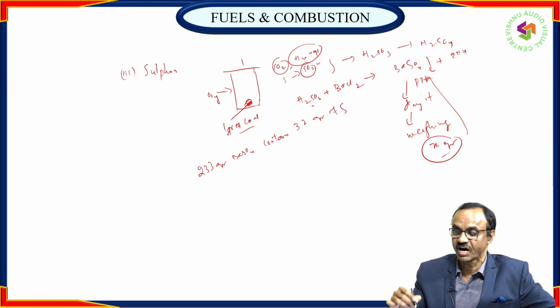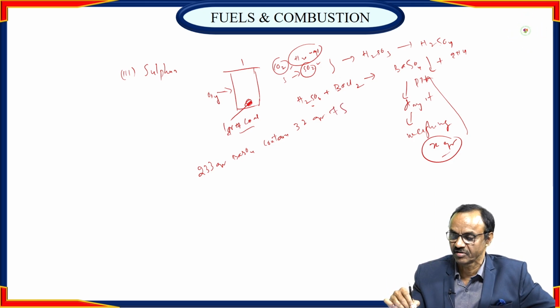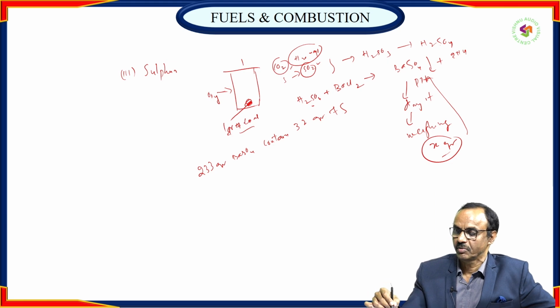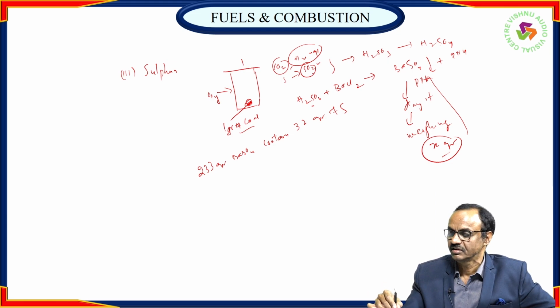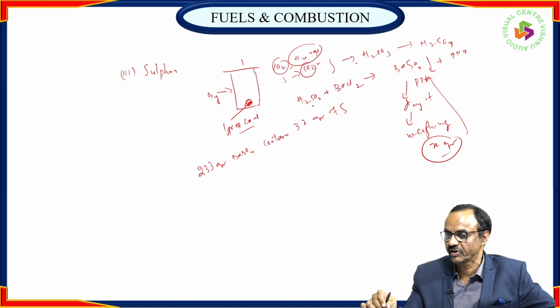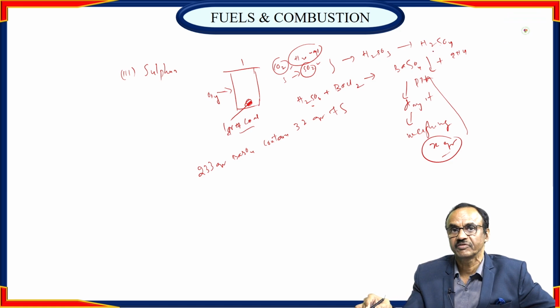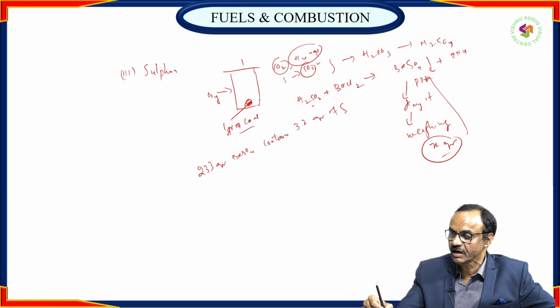After combustion of 1 gram of coal, whatever sulfur dioxide is released combines with the H2O vapor inside. When cooled to room temperature, liquefaction takes place. How much liquefied acid is formed? That can be known by treating with barium chloride, BaCl2.